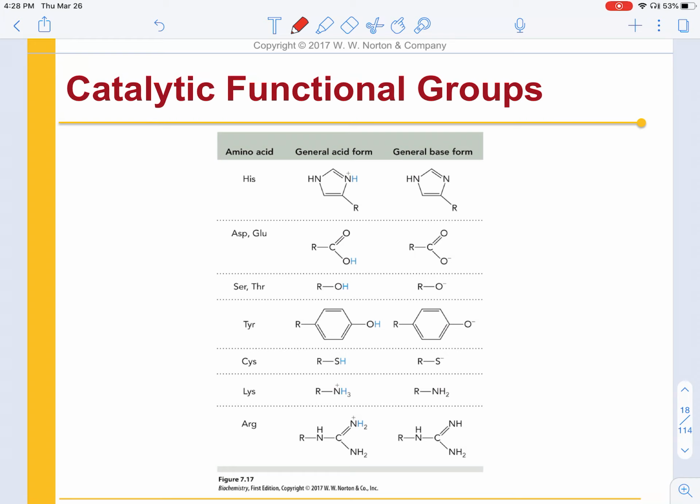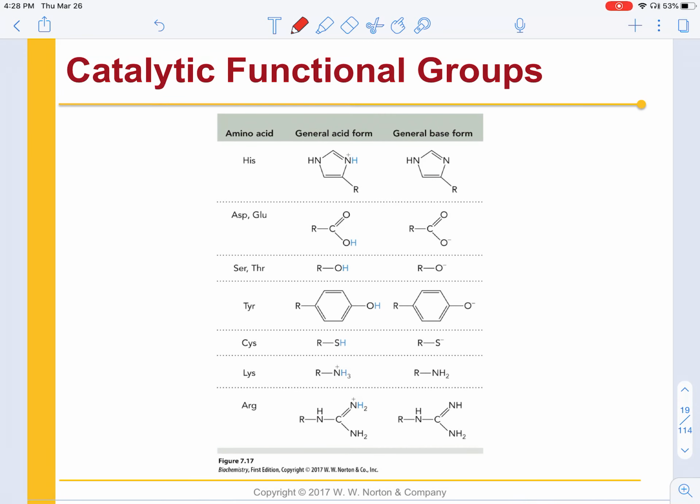So enzymes work in a couple of different ways, and since they're proteins, they all use the chemistry of the amino acids. And we should keep in mind, and we've seen this all before, that the amino acids have various functionality depending on their R groups. So some of them have ionizable hydrogens, right?